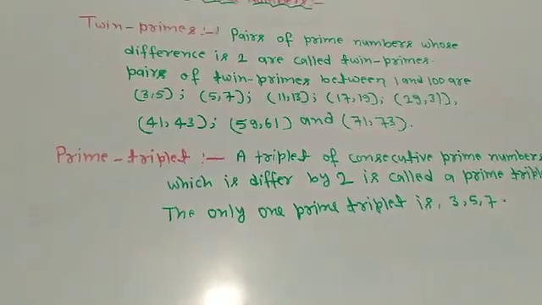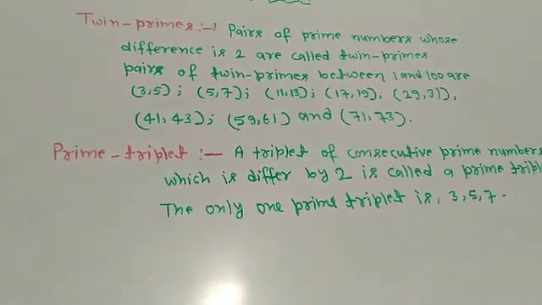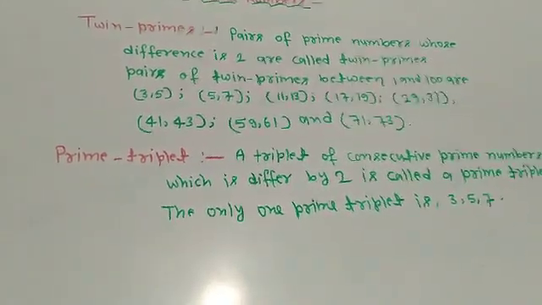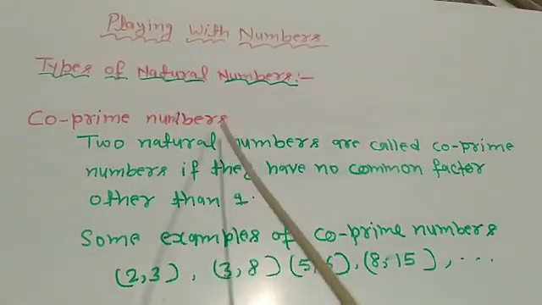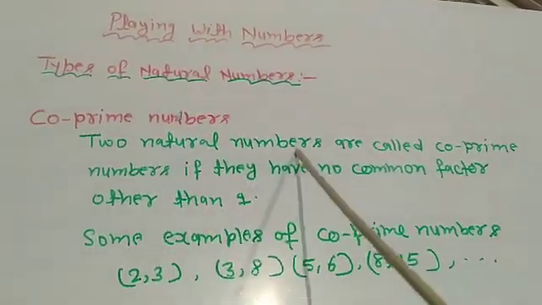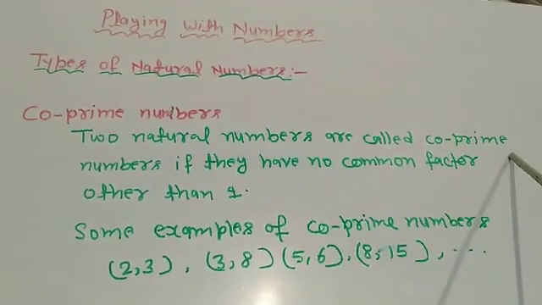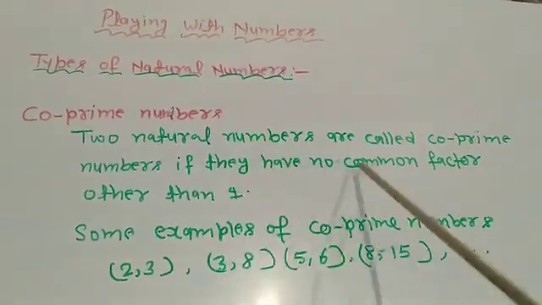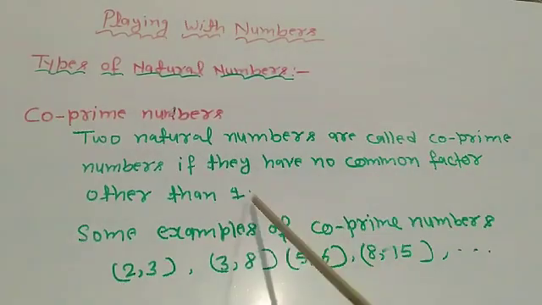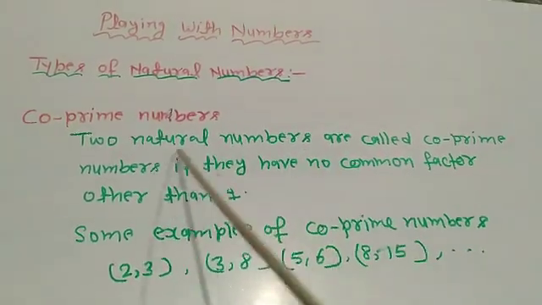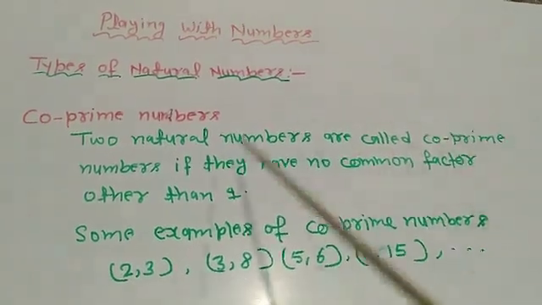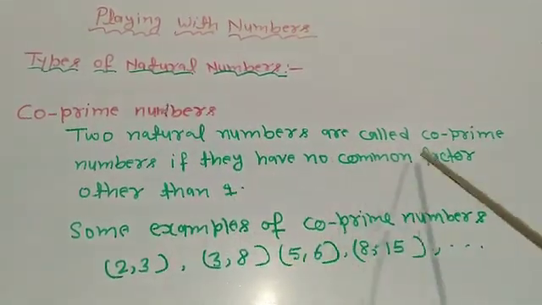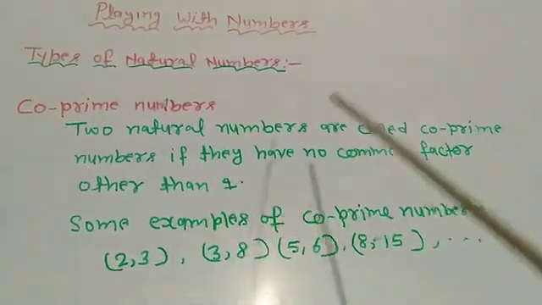I hope all of you understood. These are co-prime numbers. Two natural numbers are called co-prime numbers if they have no common factors other than 1.